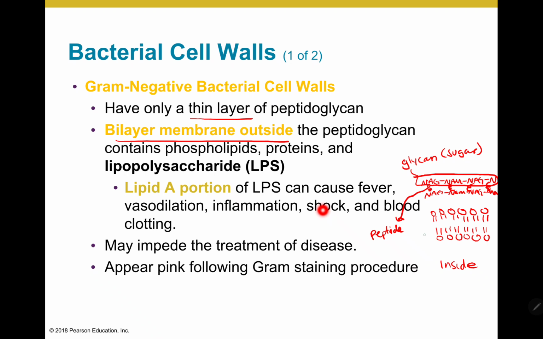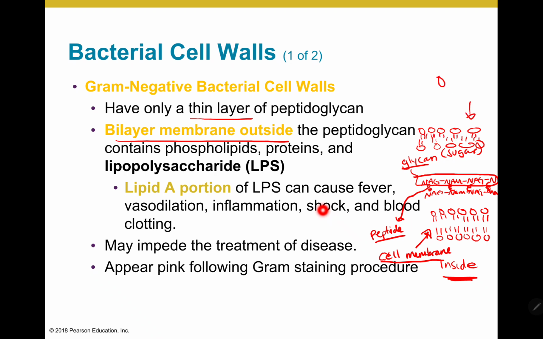So you have this phospholipid membrane, so the cell membrane. Again, this is the outside of the cell on this side. And you have the cell membrane. You have the peptidoglycan wall right here. And then on the outside of that, gram-negative cells, they have an additional cell membrane, right?